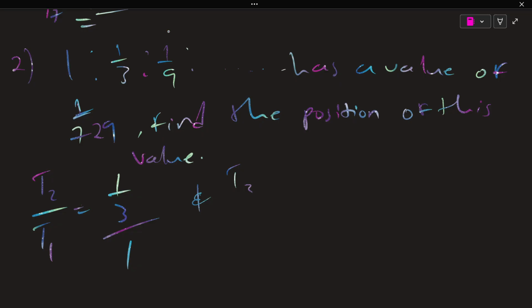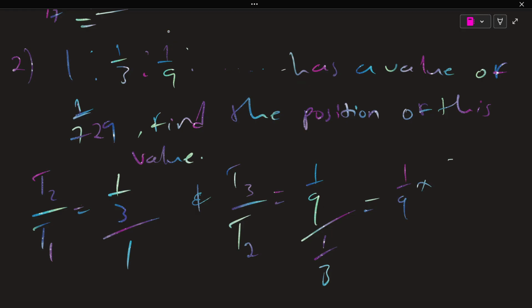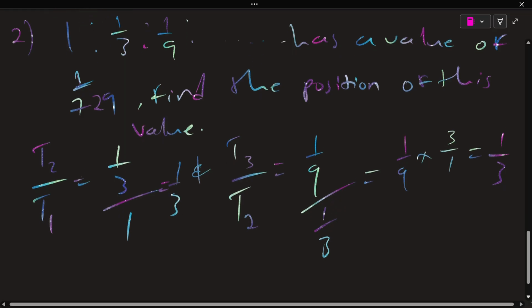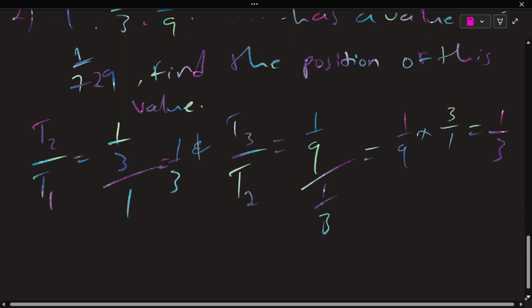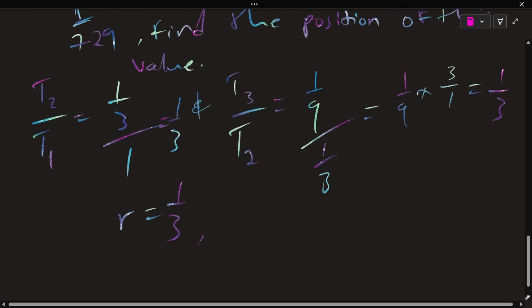Then the third term divided by the second term, which gives us 1 over 9 all divided by 1 over 3. This gives us 1 over 9 multiplied by 3 over 1, which is 1 over 3. With these two equations, we can say that our common ratio equals 1 over 3.